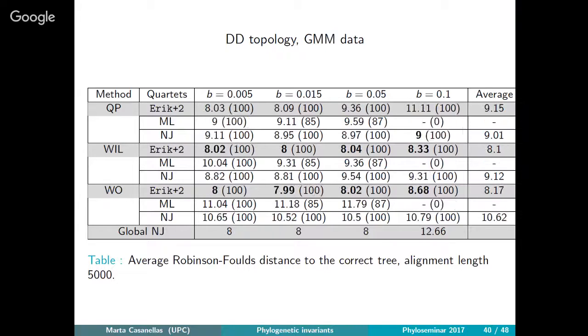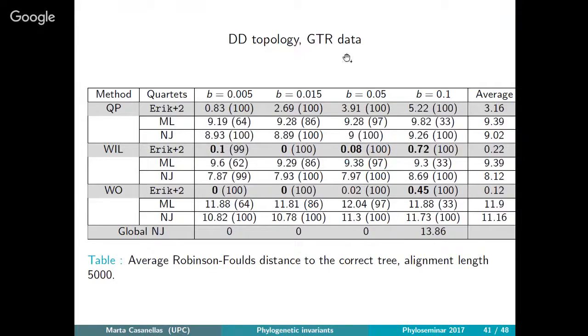That was with data simulated under general Markov, but if we simulate under GTR, for this very bad topology, the results are much better and also comparable to a global neighbor joining on these sequences, because the data doesn't have that much variability when we use GTR to simulate as with the general Markov model.